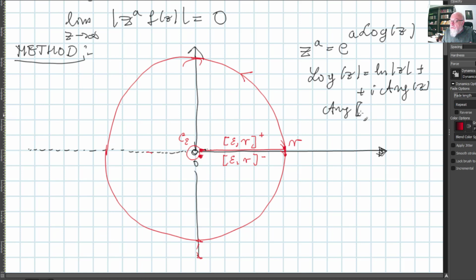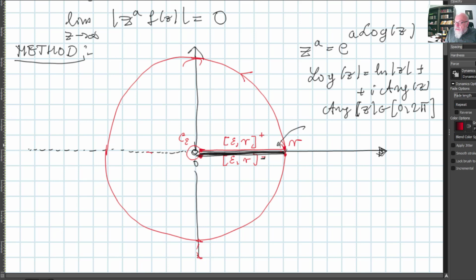The argument of z belongs to 0 to 2 pi. And you should remember that in a certain way this black line here is kind of ambiguous. This means that here we have integration with two values of the logarithm, from the positive side and then from the negative side.